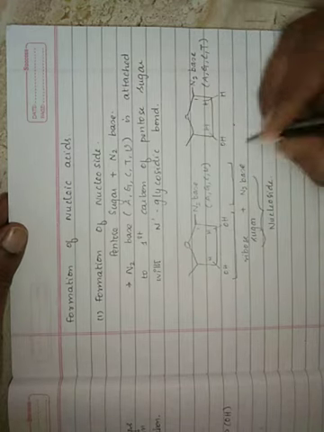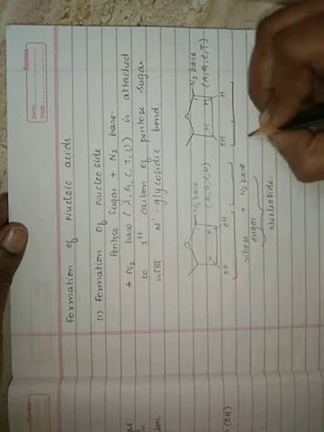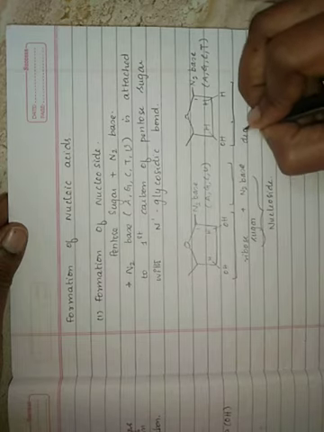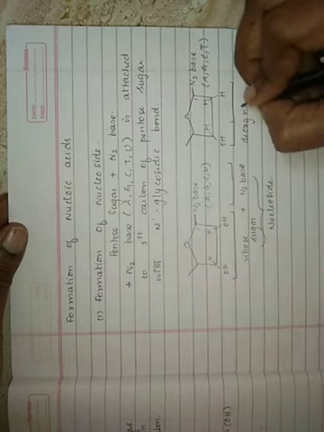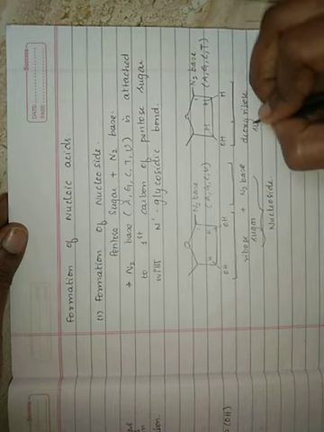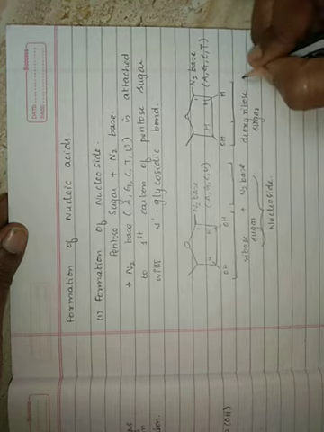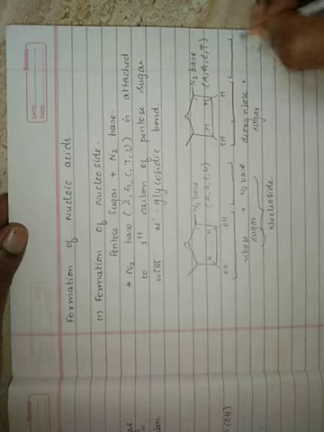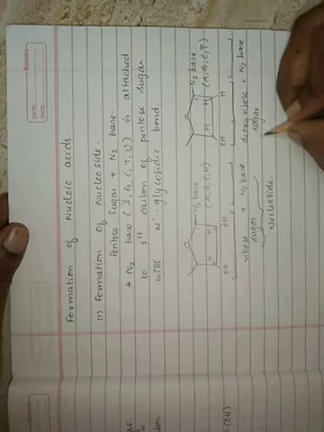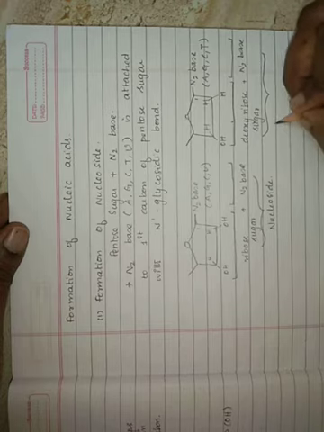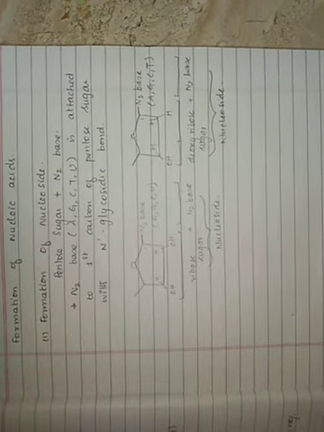And this is the fifth carbon. So this is the deoxyribose sugar plus the nitrogen base, and together they form a nucleoside. This is how a nucleoside is formed.